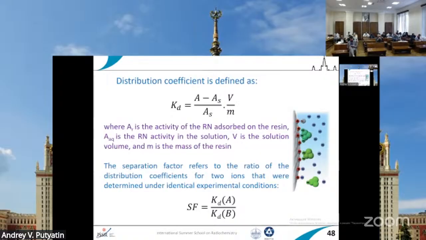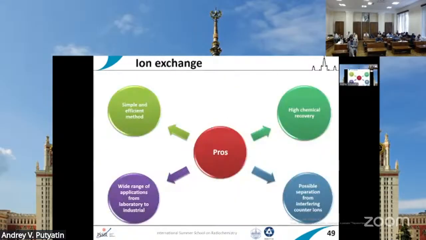The distribution ratio is how efficient the absorption of our radionuclide is on the surface of the resin or the sorbent. And the separation factor is how efficiently we can separate two radionuclides from each other. So it is, again, a very simple and very efficient way to separate radionuclides.